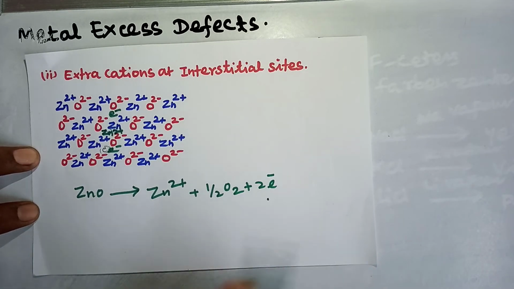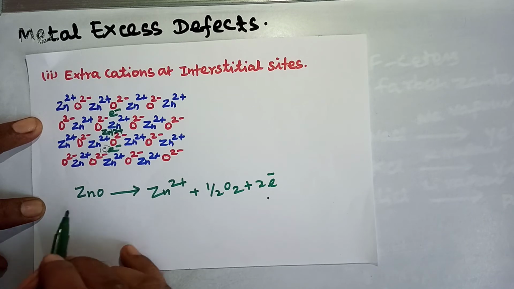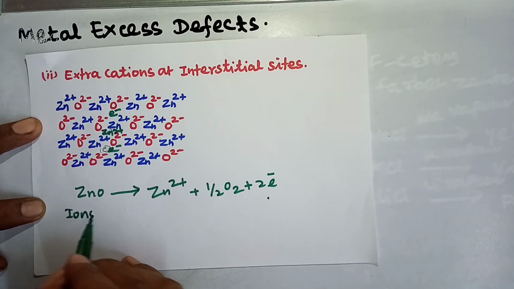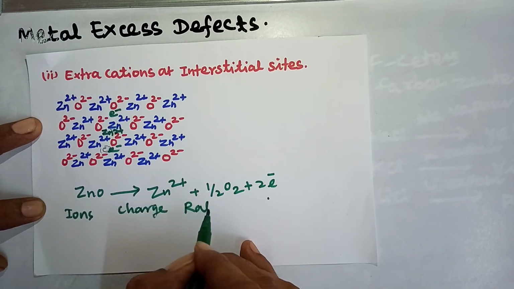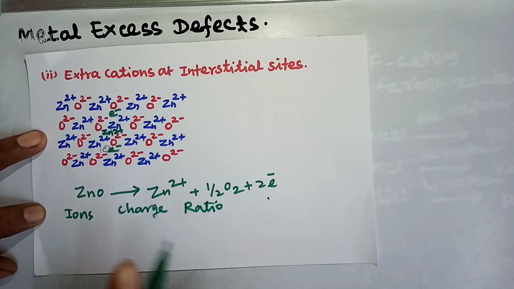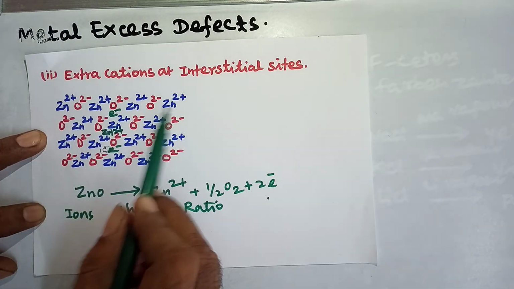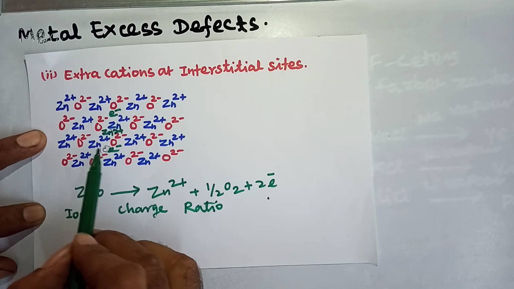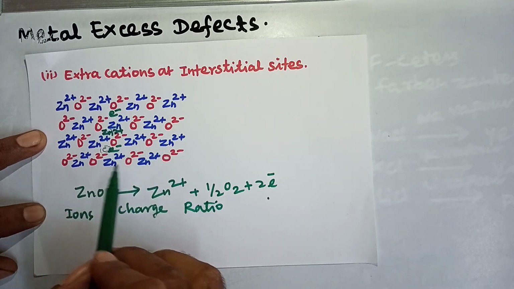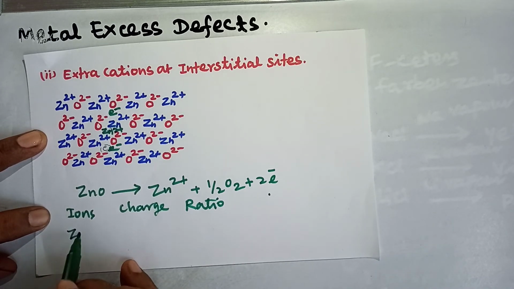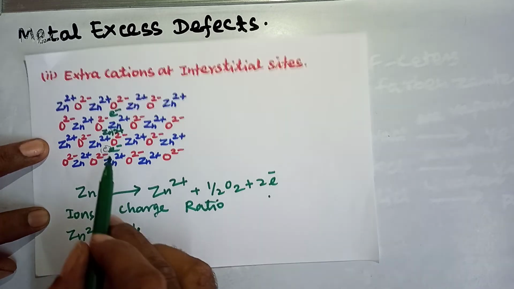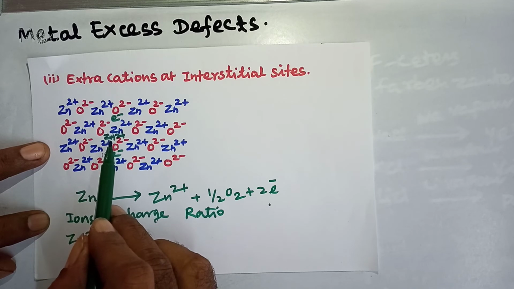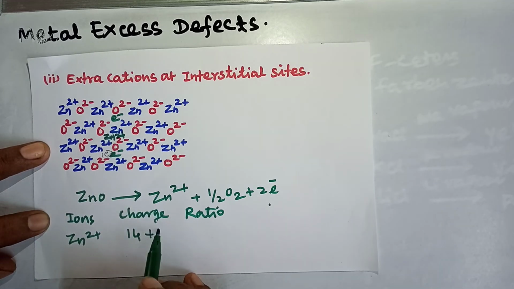Now let us calculate the number of ions in the zinc oxide crystal. Here, ions, charge and ratio. The number of Zn2+ ions: 1, 2, 3, up to 14, plus 1 excess cation at the interstitial position, so 15.